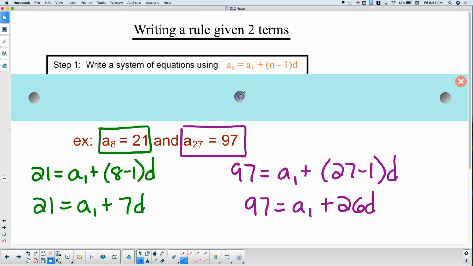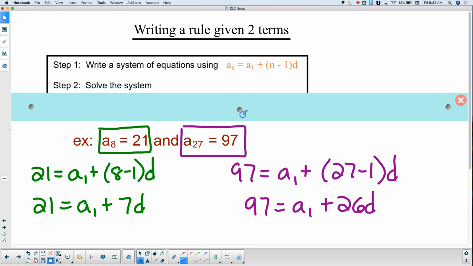Now I have to solve that system, because I've got two equations with two variables. We've got graphing if we wanted to graph it. We've got substitution if we wanted to substitute it. We've got elimination if we want to use elimination on it. Looking at it, what do you think?